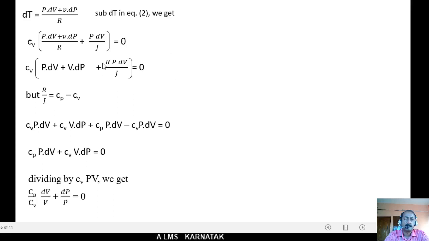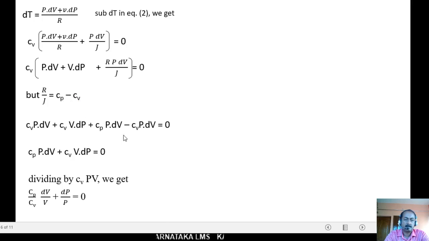But R upon J in the above equation is nothing but Mayer's equation, Cp minus Cv. For R upon J, we substitute Cp minus Cv.